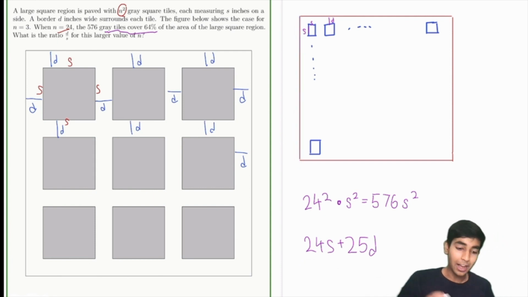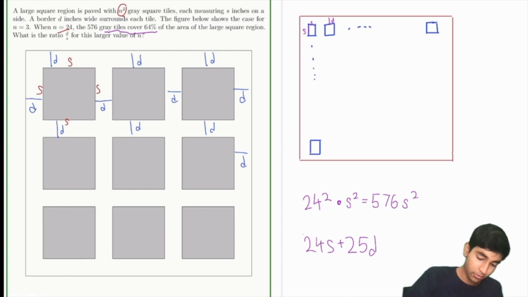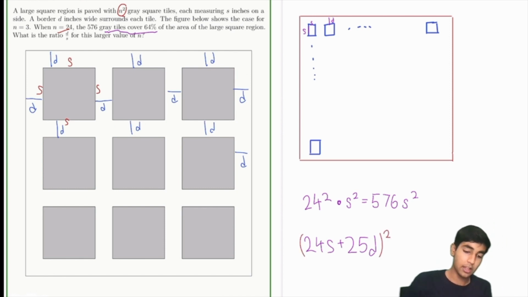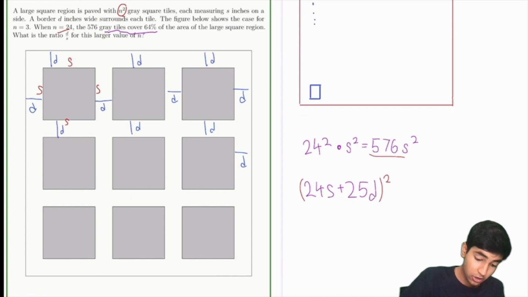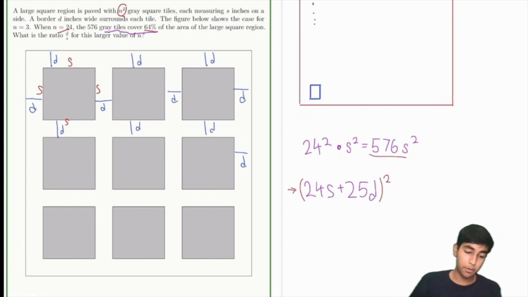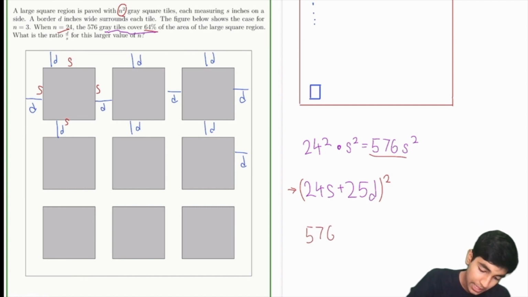So that means the area of that square is the side length squared, which is this. And this is the shaded area, this is the total area. We're given that this ratio is 64%. So let's write that out.